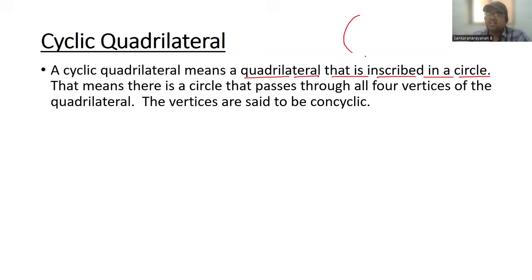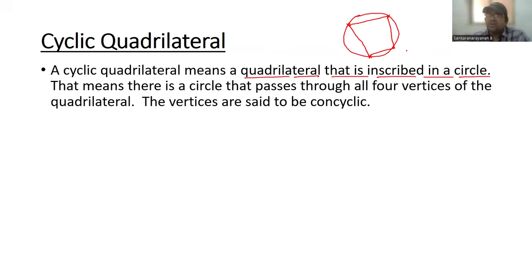So you consider that there is a circle here. You take 4 points which are lying along the circumference of the circle. Now you just join those 4 points. You see a quadrilateral, right? So this quadrilateral, I call it the cyclic quadrilateral. It's a quadrilateral that is inscribed in a circle.